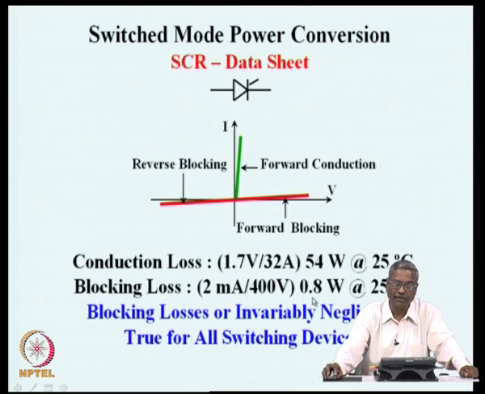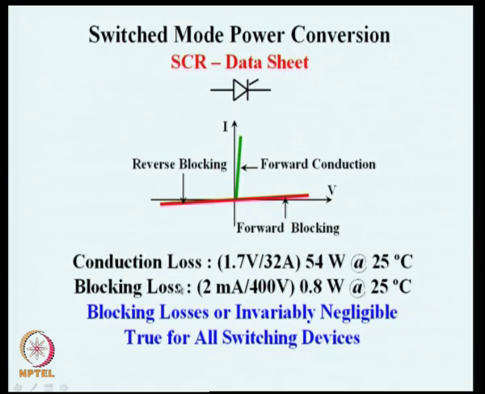During blocking it is even less. If 54 watt conduction loss is 1/200 times the full power, the blocking loss is even almost 1/50 times the conduction loss. So, as I said before, the blocking losses are almost always 0. For all switching devices, this is true, that in blocking you might consider that all switches are practically ideal.